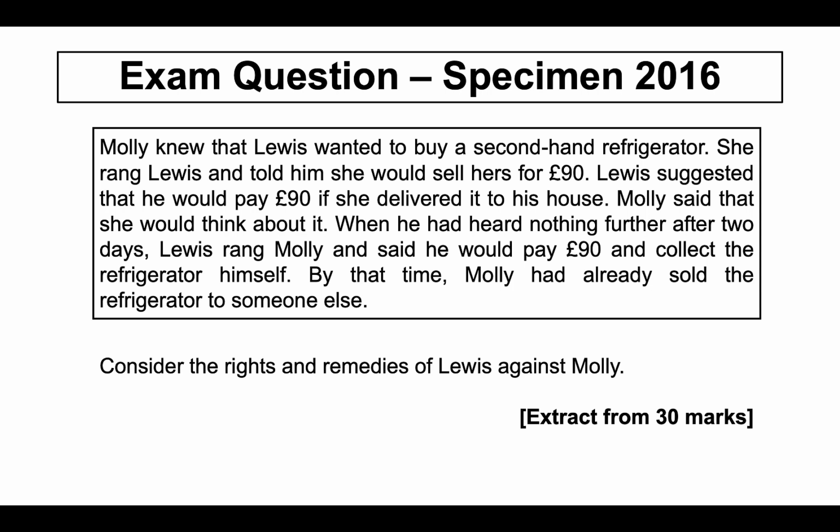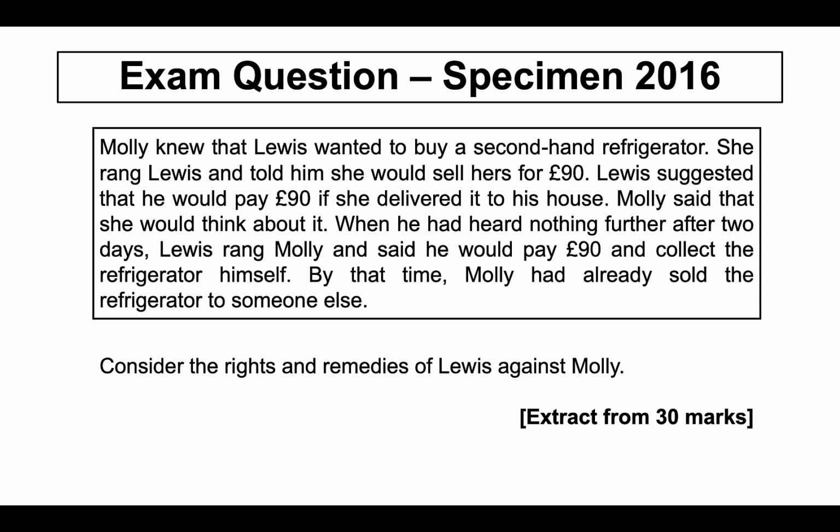So I should have said, always read the question first, and of course the question here is: consider the rights and remedies of Lewis against Molly. What this simply means is Lewis will only have rights over Molly in contract law if we can establish a contract. And as this scenario seems to present to us, the two parties negotiating, that's where our dispute lies.